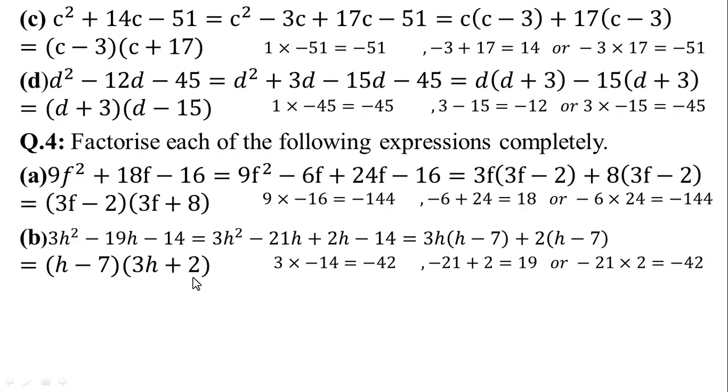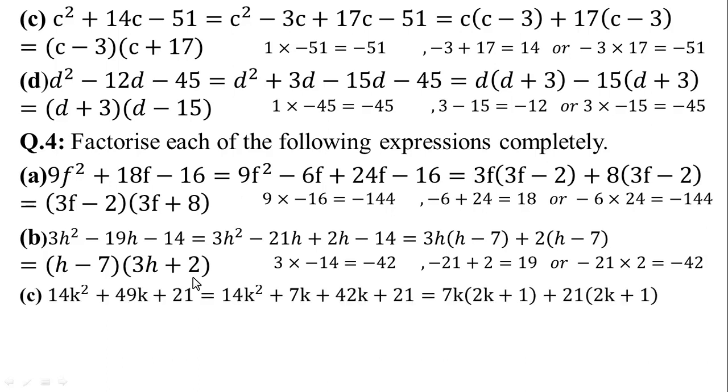Now the next part in C part, 14k square plus 49k plus 21. First of all, midterm breaking. Now 14 multiplied by 21. Answer is 294. Now the midterm breaking of 49 into two parts.